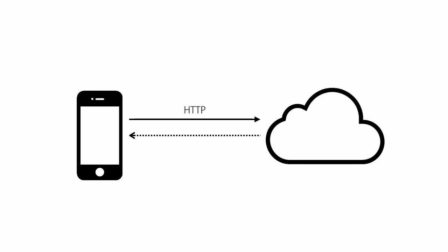So data is stored in the cloud and the mobile device calls web services to get the data. And of course, in most of these applications, for performance reasons, the data that is recently fetched is stored temporarily on the device. So we don't have to query the service every time. But then, as we come back to the app, if the new data is available, we get it from the cloud.